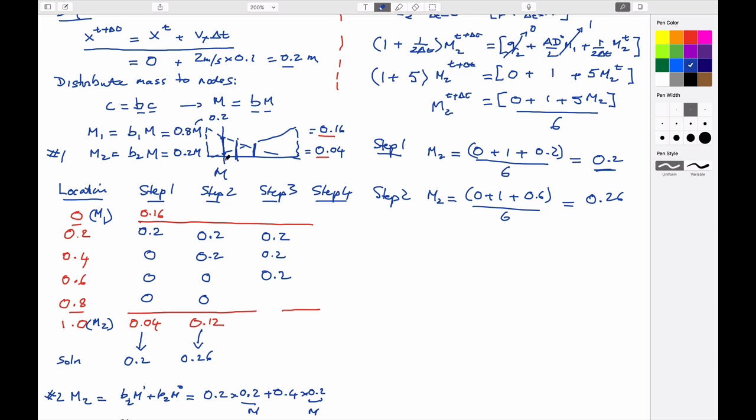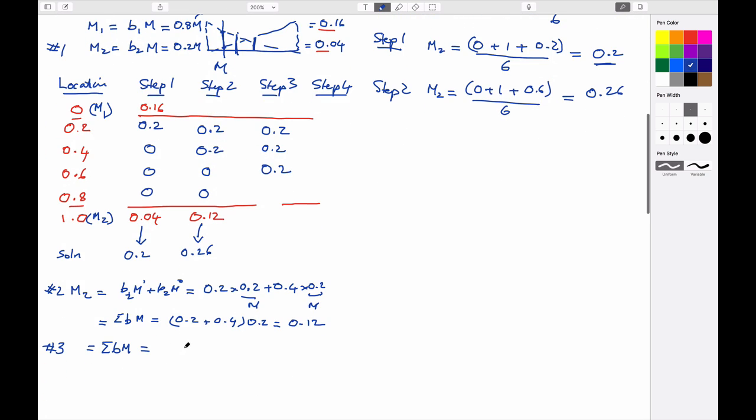And so this will be 0.2, 0.4, and 0.6 along here, and corresponding numbers of this curve here. So this will be 0.2 plus 0.4 plus 0.6 times 0.2, which is 1.2 times 0.2, which is the same as 0.24, is that right?